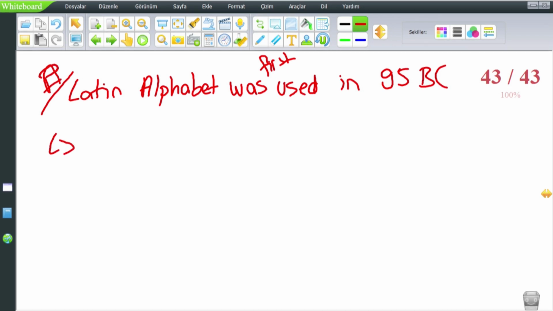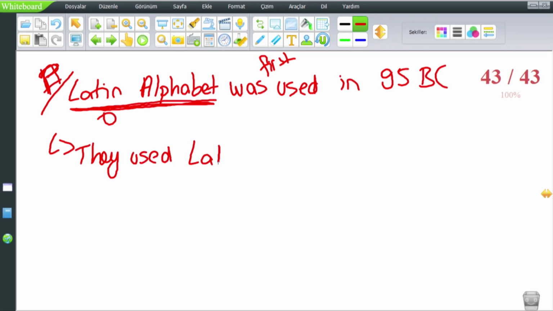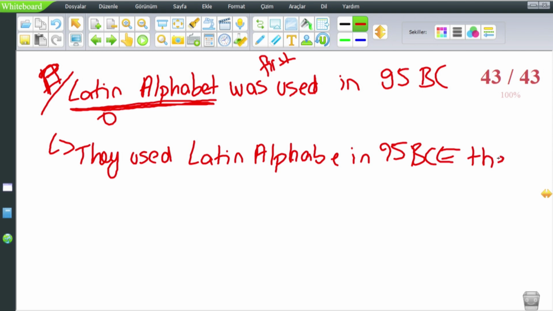This is passive because Latin alphabet is object of this sentence. They used Latin alphabet in 95 BCE the first time.